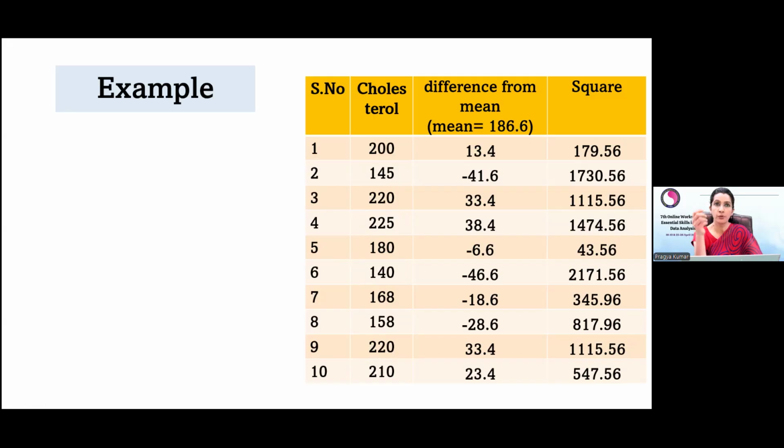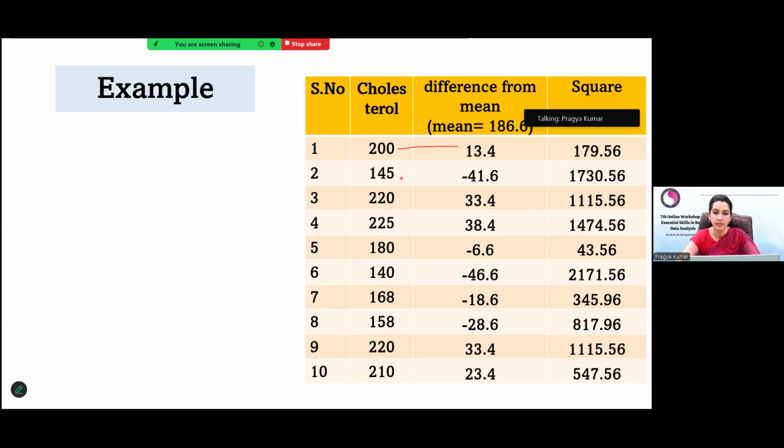So you measure the distance of each individual value from the mean. Basically, you do 200 minus 186, then 145 minus 186. Sorry, the mean is 186. Here it is negative, right? Because the individual value is less than the mean. So you calculate the distance from the mean.